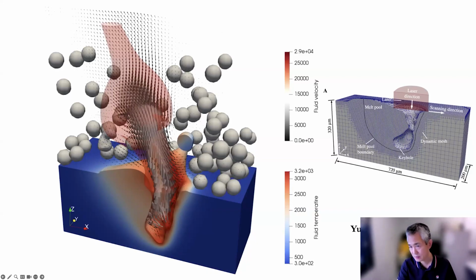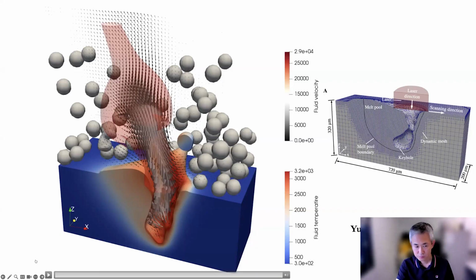illustrate for a bare plate, where we use a so-called adaptive dynamic remeshing strategy around this metal pool and also the keyhole area. We use an adaptive fine mesh to capture the whole process in a more accurate way.